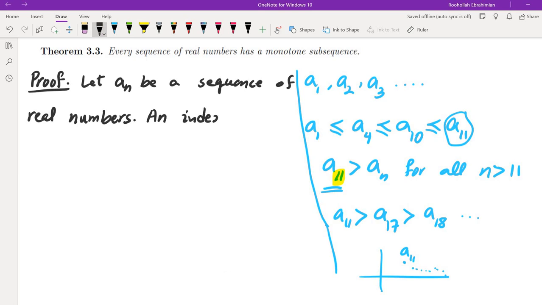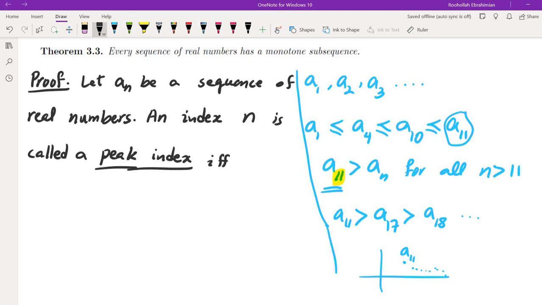An index n is called a peak index if and only if a_n, that term, is more than a_m for all m greater than n.